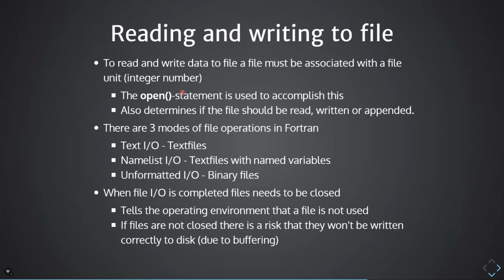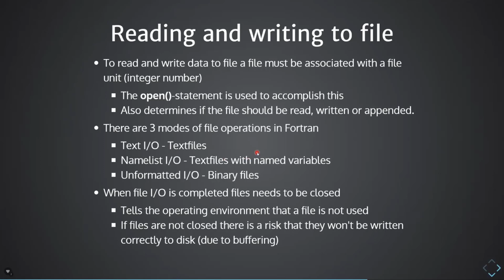In Fortran, you will get a number, basically a unique identifier that you use to associate with an actual file on disk. You do this association using the open statement, just like in Python. And then you use that identifier as the first parameter to write or read in your code.